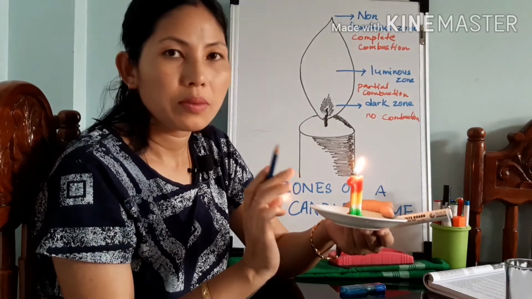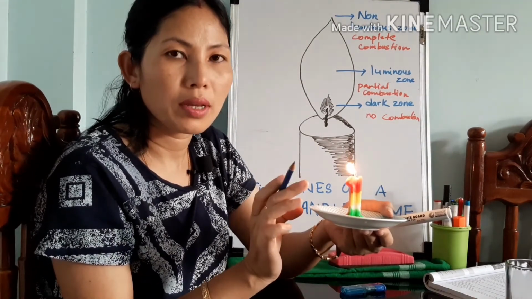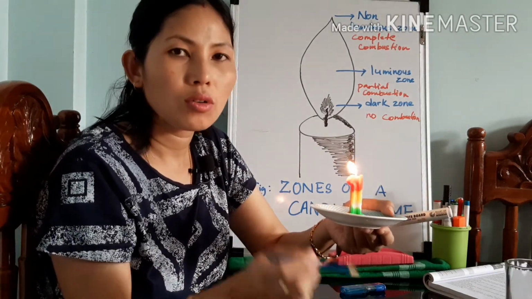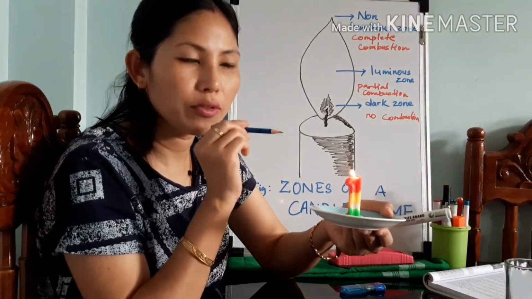You may have seen a goldsmith, in order to melt gold to give it different shapes, blow with the help of a pipe.